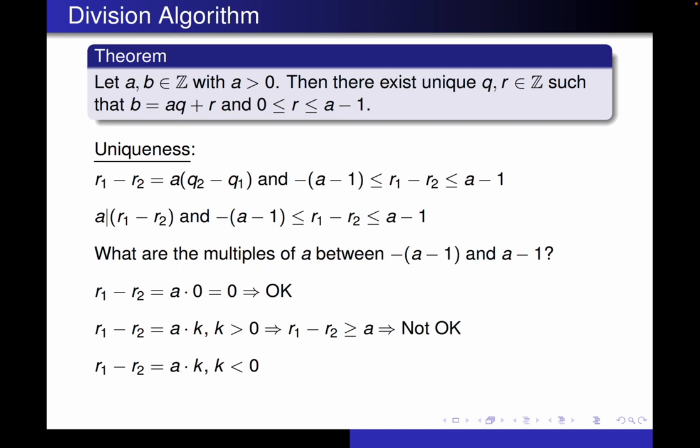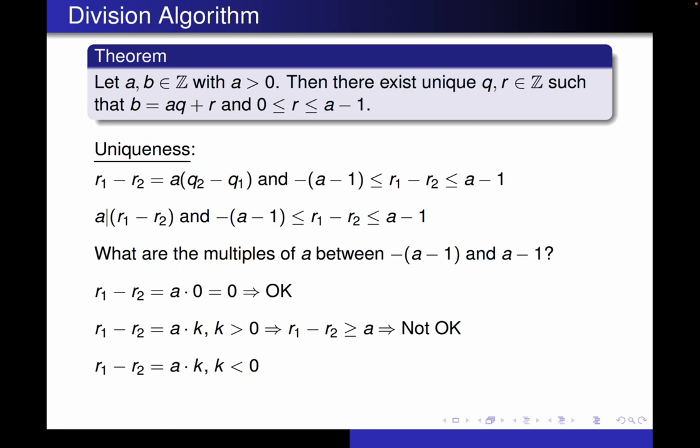All right, so now I want to look at the rest of the integers, r1 minus r2 equals a times k, where k is a negative number. So that's negative a, negative 2a, negative 3a, negative 4a, etc. Now, those are all going to be negative numbers because a is positive. And so now I'm going to use the same kind of reasoning.